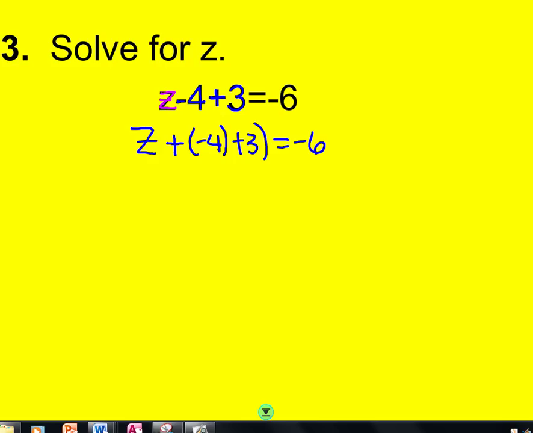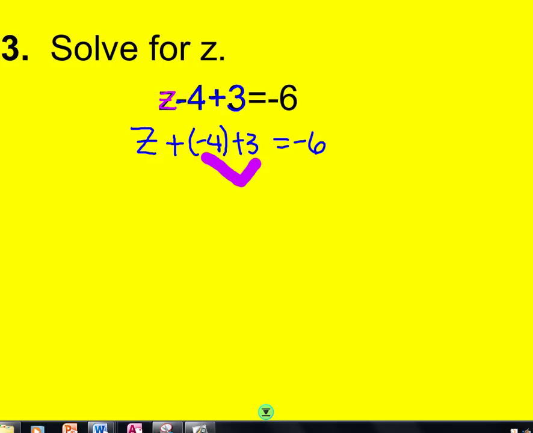Subtracting is the same as adding the opposite number. So instead of subtracting 4, I added negative 4. Reason being, I wanted it to be abundantly clear that these were the two numbers that we were adding together. Negative 4 plus 3. I didn't want you to overlook that that number 4 is actually negative.